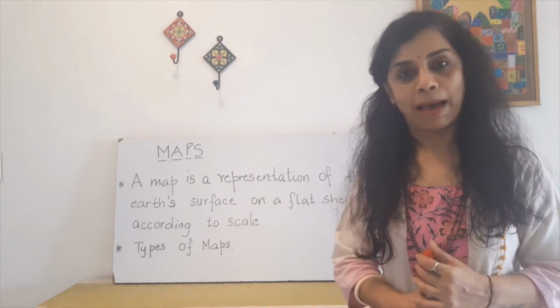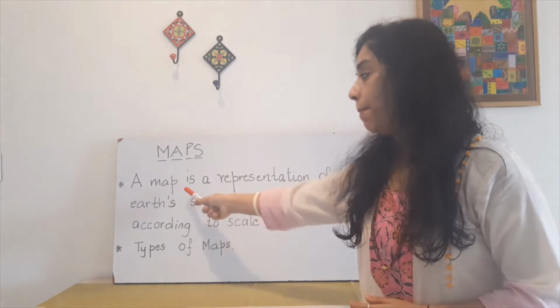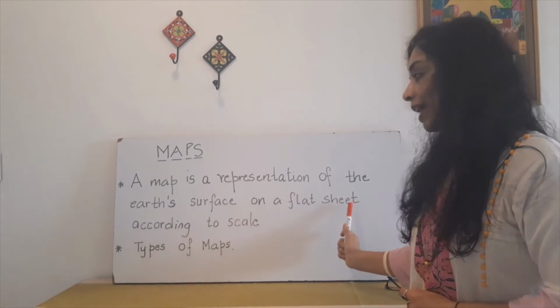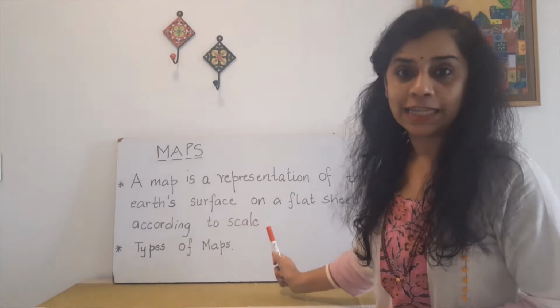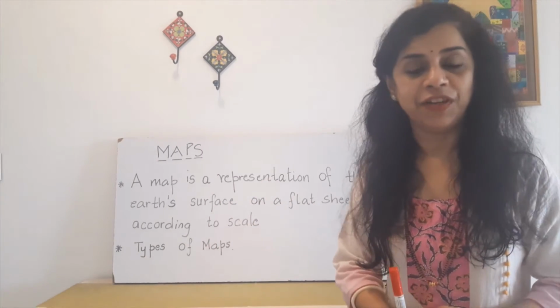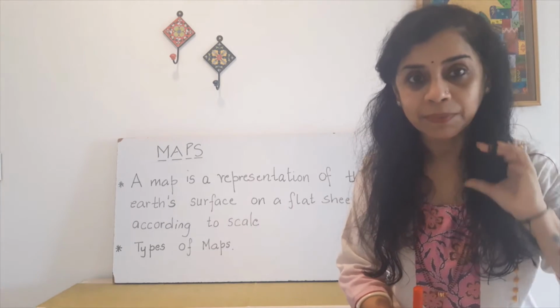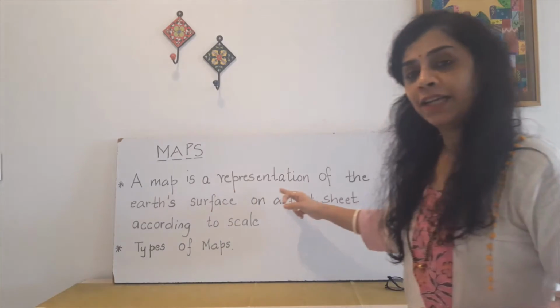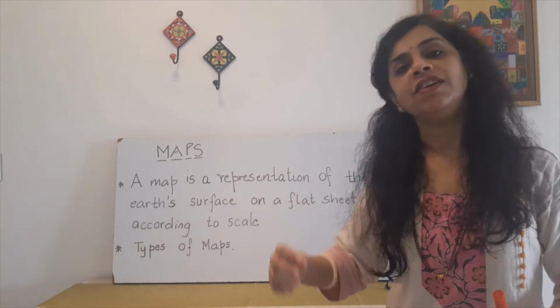Okay? What is a map? A map is a representation of the earth's surface on a flat sheet according to scale. Now this is the definition of a map. First thing, it is a representation of the earth's surface.